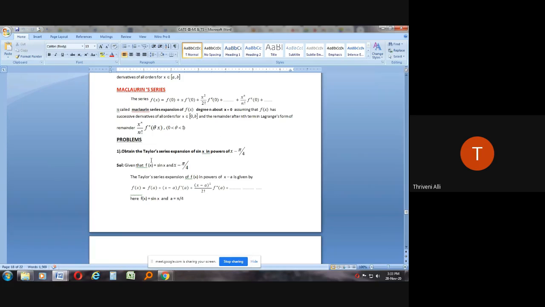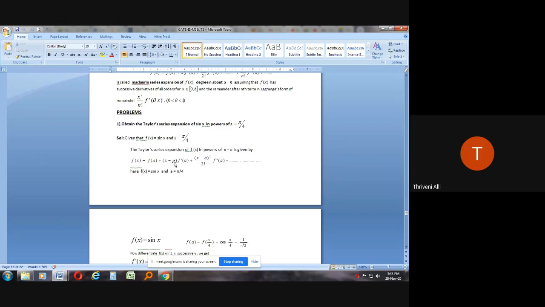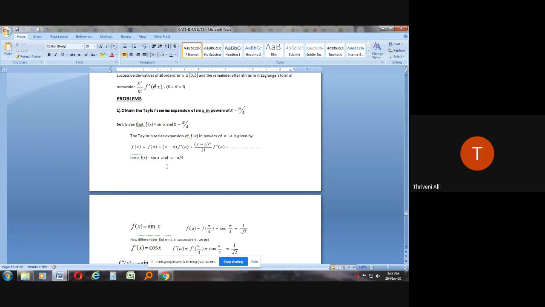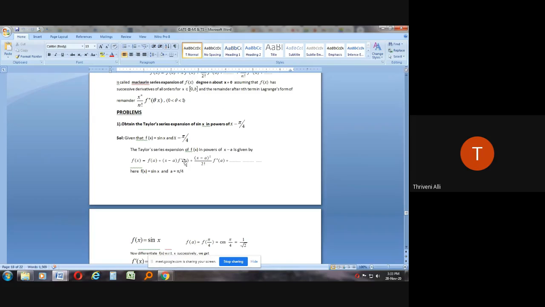See this problem. Obtain the Taylor series of the function sin x in powers of x minus pi by 4. The Taylor series expansion of f of x in powers of x minus a is given by this series we know, where our function is sin x and a is pi by 4. In this expansion we need the first and second derivatives.